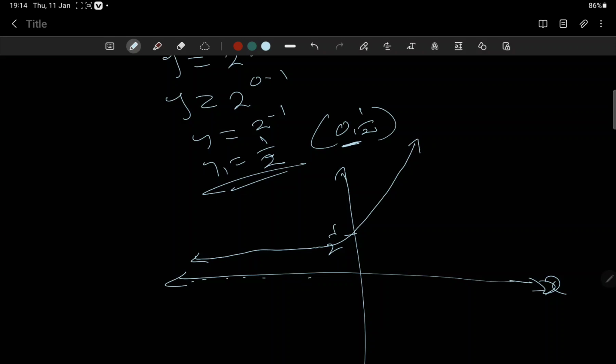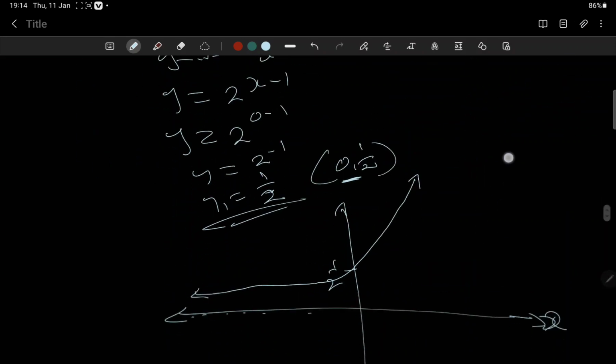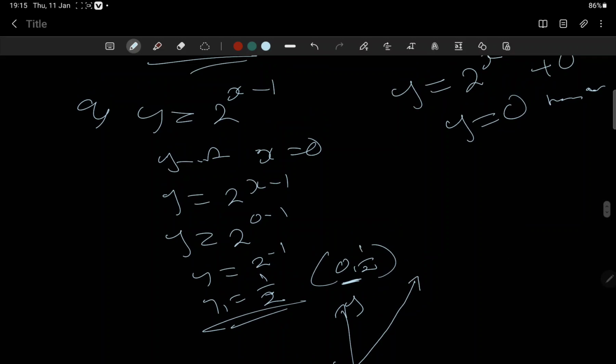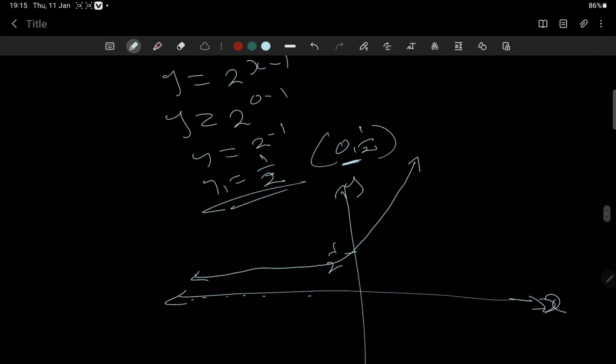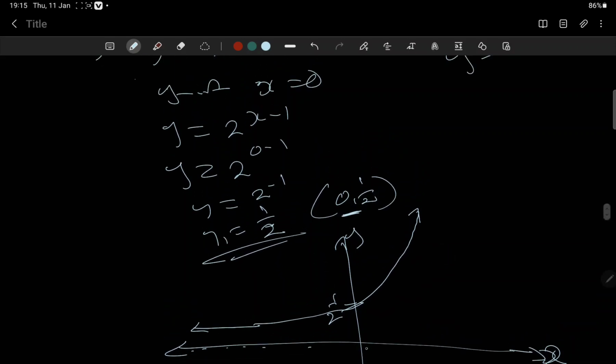The values of y increase as the values of x increase. When x increases here, y also increases. And then when x decreases, y also decreases, but it never goes to a point where y is 0.